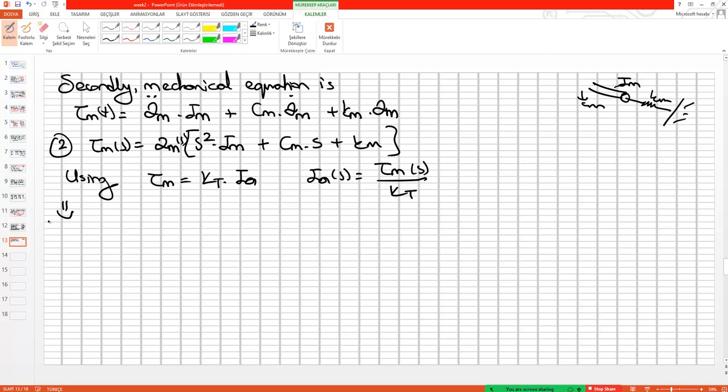And so we will have the Ea(s) value in terms of the torque Tm(s) divided by Kt, right? Because this is the armature current value, okay? And so we can write the La s value in here, and then we can add the Kb times theta m times s, right? These are the equations.